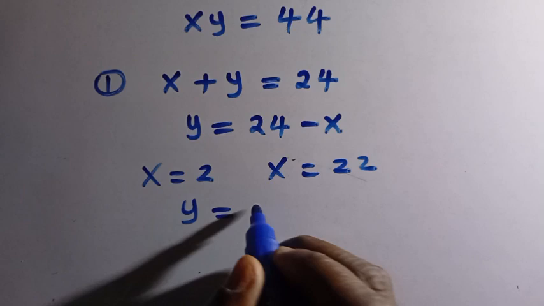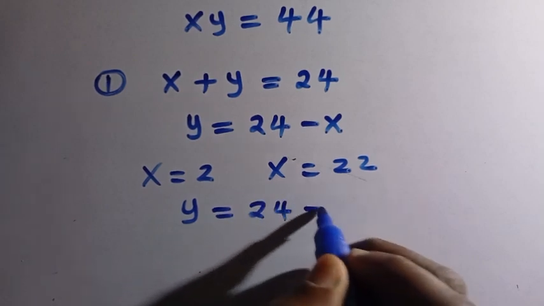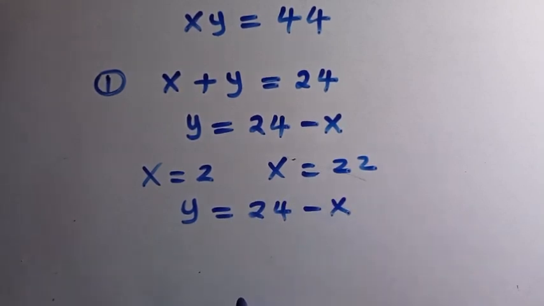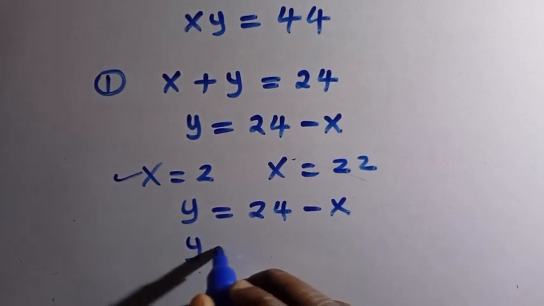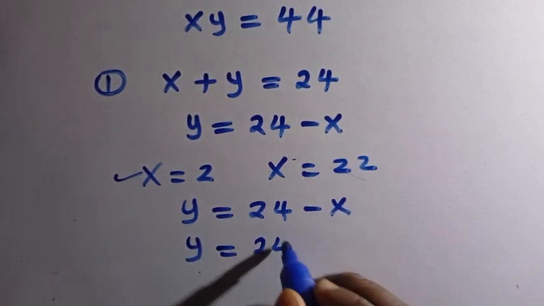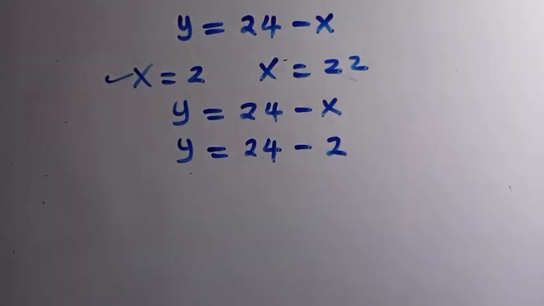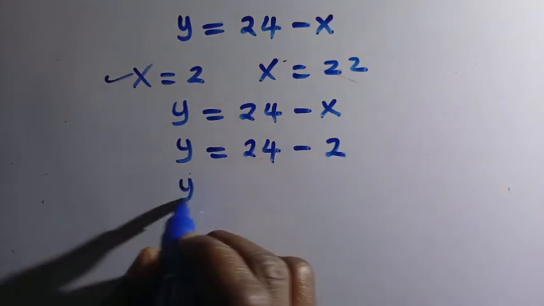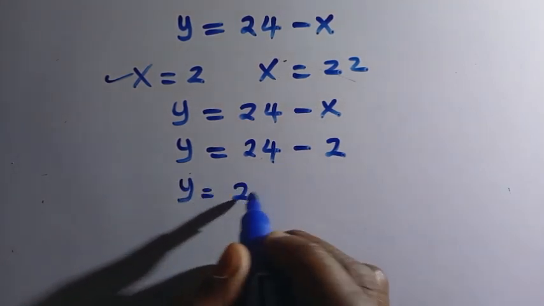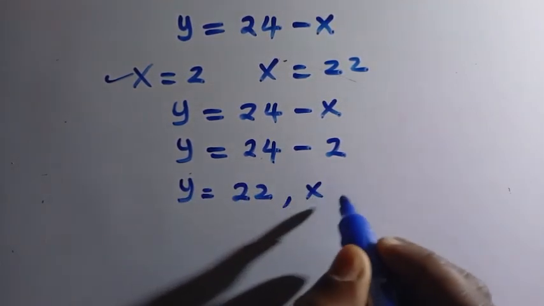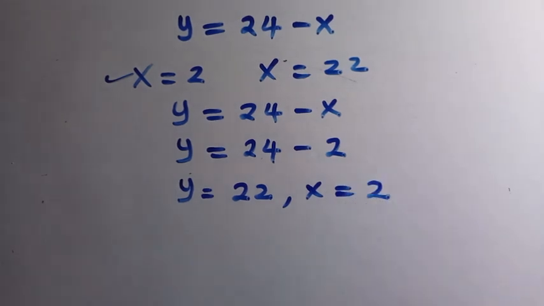We have y equals 24 minus x, and at x equals 2 we have y equals 24 minus 2, and from here you can see that the value of y equals 22 when x equals 2.